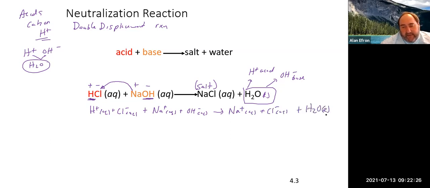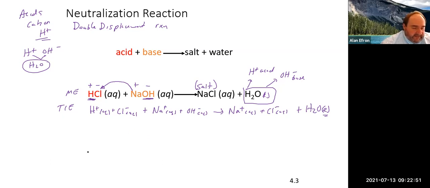It is a pure liquid. Remember, this is our molecular equation, this is our total ionic equation. What we keep together in our total ionic equation is anything that's a weak electrolyte, a solid, a liquid, or a gas. So in this case, water would stay together.